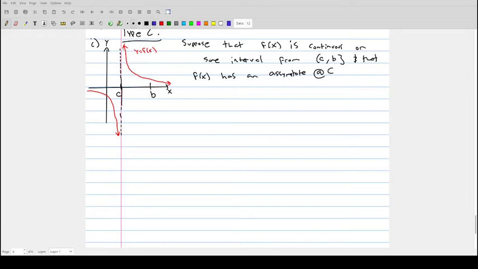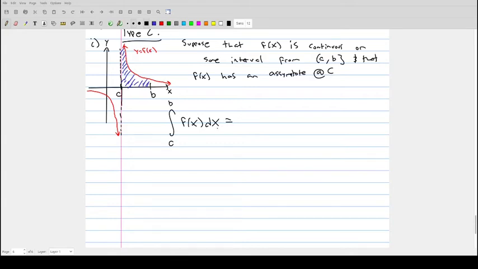So this is going to show us for the subtype 1 how to figure out what the improper integral from C to B is. And it's very similar to how we defined the improper integral of type 1.